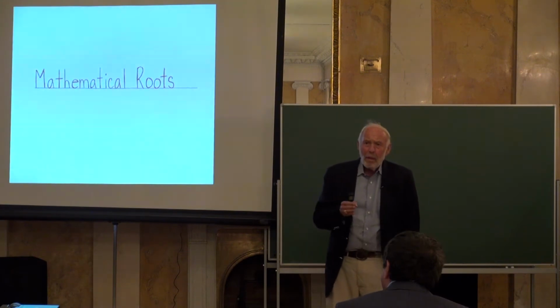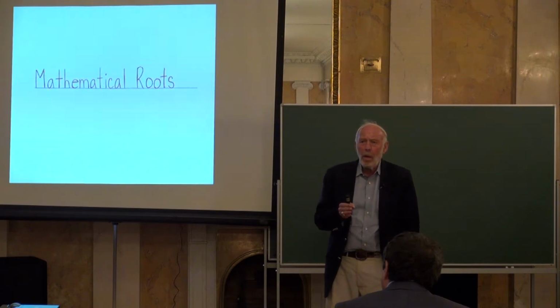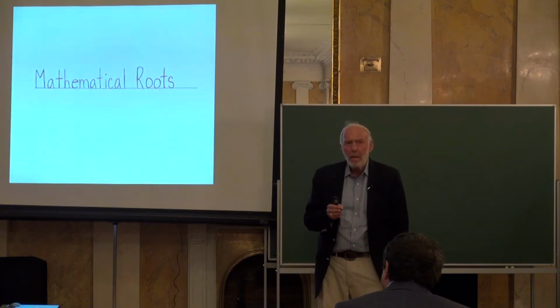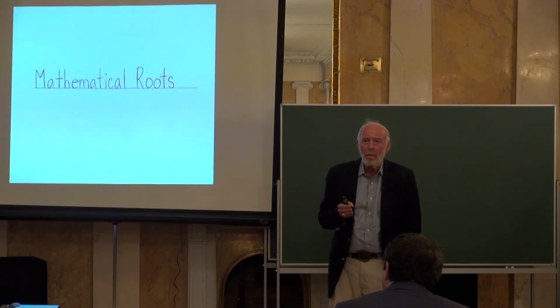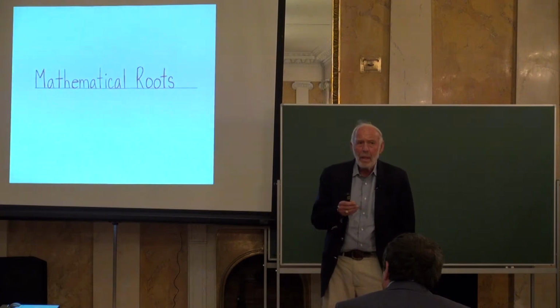And things worked out nicely, mostly, but then there was one term that I couldn't really understand. It was a kind of a nice term, but I really wished it would go away. But it didn't.